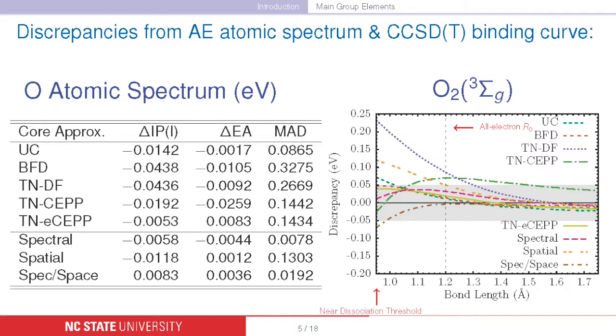Above this horizontal line are different types of pseudopotentials that have been used in the past. If you're familiar, Burkatzki-Filippi-Dolg pseudopotentials, and then a variety of pseudopotentials coming from the Trail and Needs group. You can see the discrepancies from the all-electron. Then also on the top, this UC is what we call an uncorrelated core.